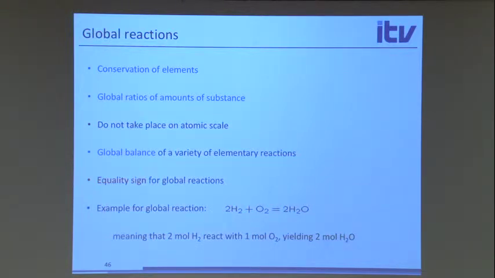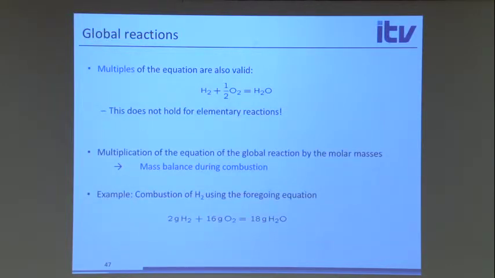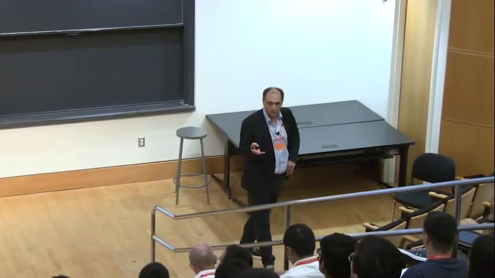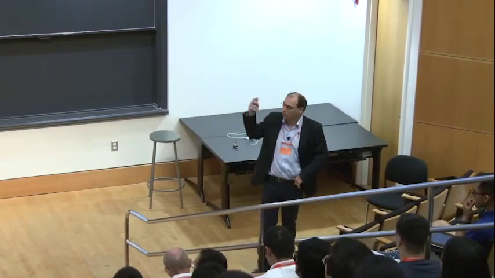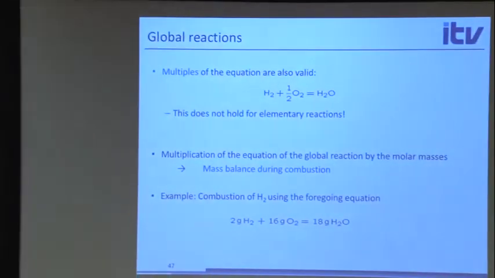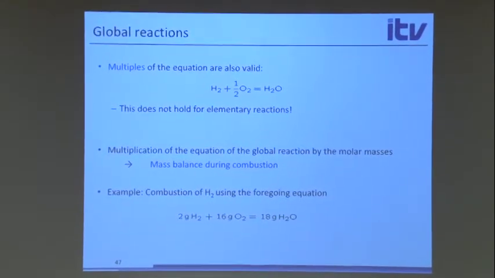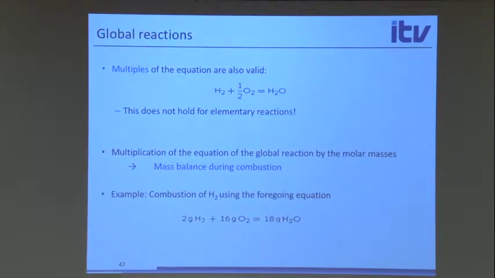And it just means what I just said on the previous slide. Because it's not a real process, you can multiply the stoichiometric coefficients in global reactions by any number. You can, for example, say 2H2 plus O2 go to 2H2O. You can also say H2 plus 1/2 O2 go to H2O. There is no 1/2 O2, but because it's just stoichiometric ratios, it doesn't matter.